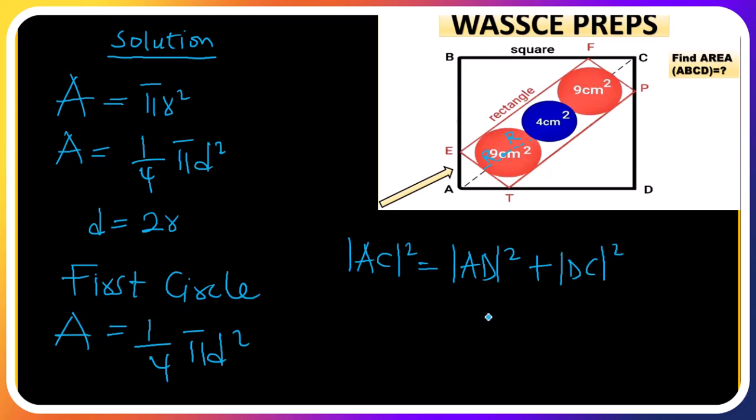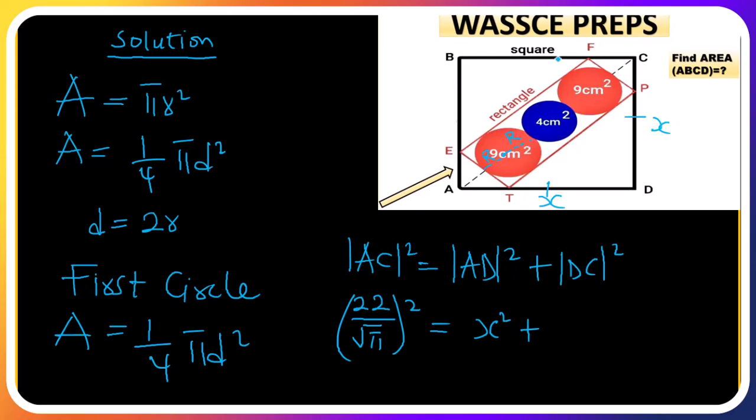So from here, we have AC squared, 22 on root pi squared, equals AD as x squared plus DC as x squared, because all sides have equal length.